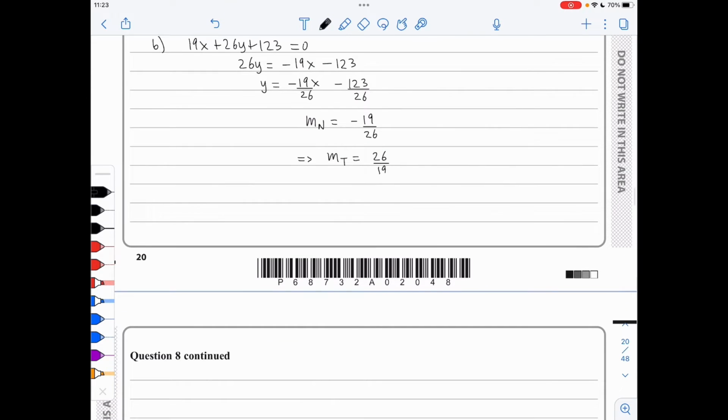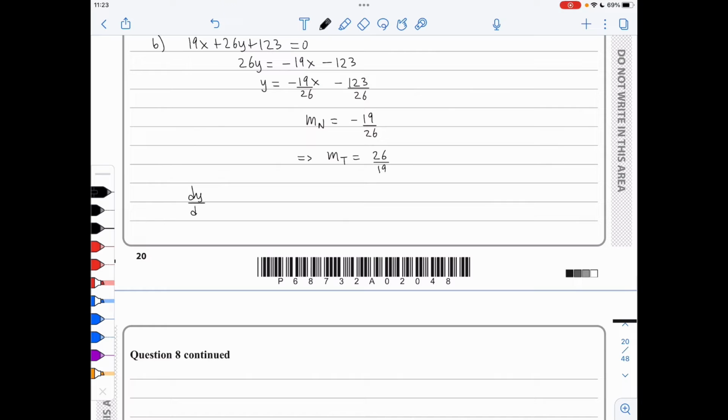So, dy/dx now at x is negative 1 and y is negative 4, I will substitute this into the expression we obtained above to give me minus 3p times minus 1 squared minus q times minus 4, and all of it over q times negative 1 plus 6 times negative 4, which simplifies to minus 3p plus 4q over minus q minus 24, and we know that this must be equal to 26 over 19.